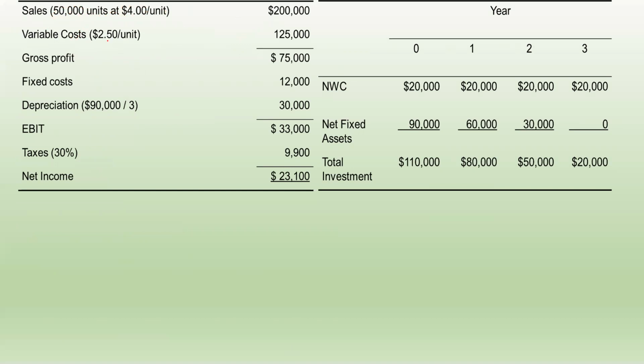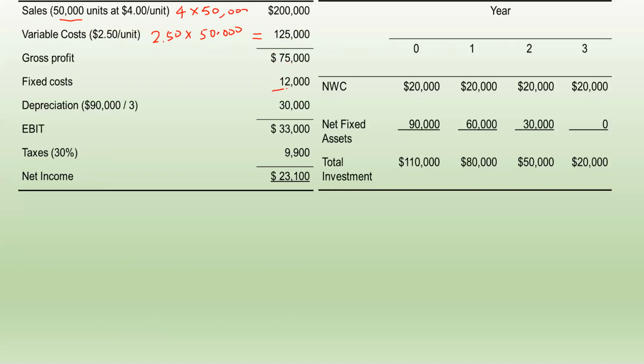Variable cost is $2.5 per unit, and the total units sold is 50,000, so the variable cost in total is $2.5 per unit times 50,000, which is 125,000. And then the gross profit is 75,000.